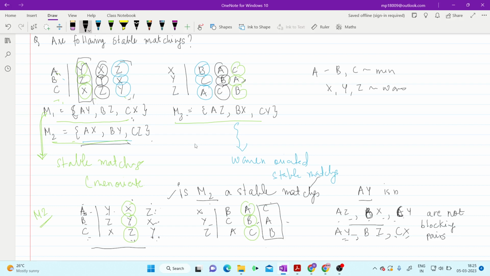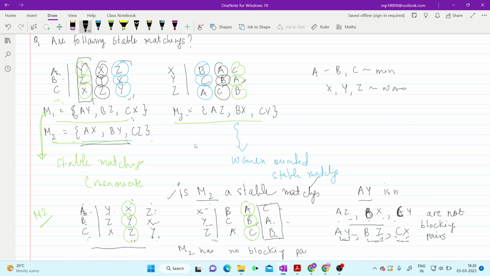So these are also not blocking pairs. For AY, Y prefers B over A, so it is not a blocking pair. For BZ, Z prefers C over B, so BZ is not a blocking pair. And for CX, X prefers A over C, therefore this is also not a blocking pair. So this is a matching which has no blocking pairs, therefore this matching is a stable matching. Is this clear? M2 has no blocking pairs.